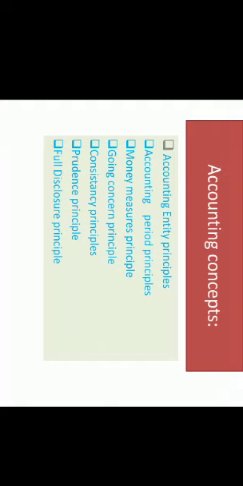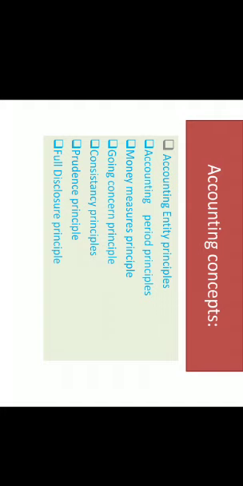Let us discuss the important basic accounting principles. The first one is the accounting entity principle. According to this principle, a business is treated as a separate entity that is distinct from its owners and all other proprietors.